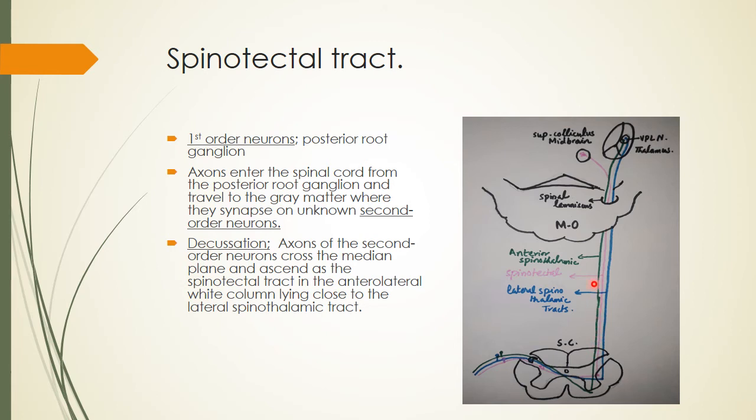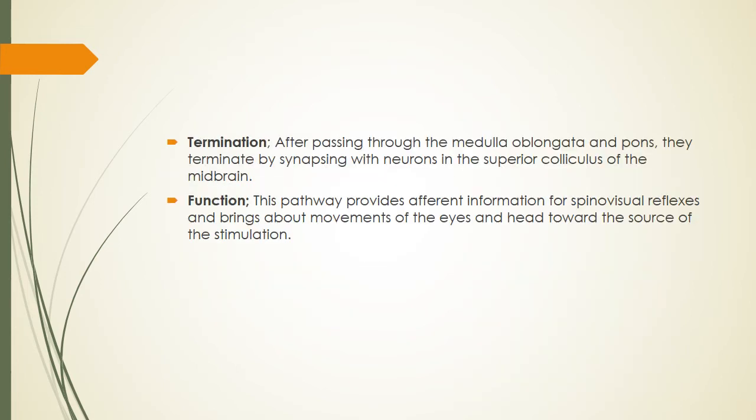When the fibers of this spinotectal tract reach the upper part of the medulla oblongata, again the same course, they are joined by the spinothalamic tracts, both anterior and lateral, and form the spinal lemniscus. But the termination of the tract is different.